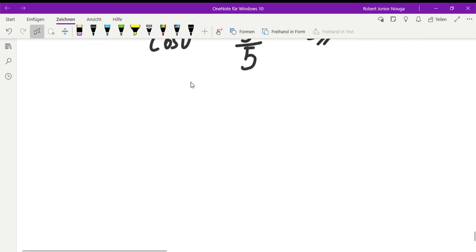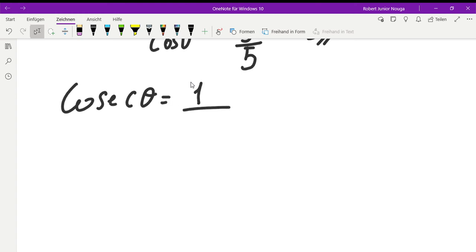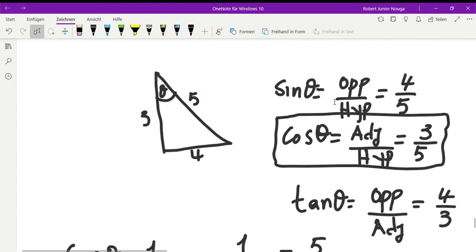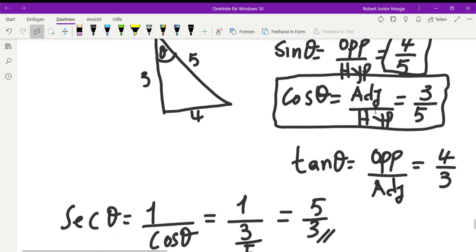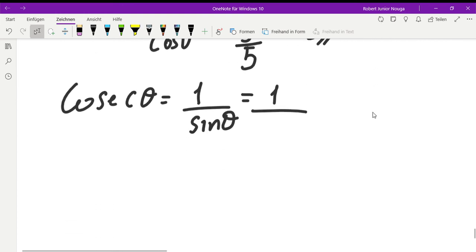Let us say the cosec function. The cosec function is equal to 1 all over the sine function. We will have 1 divided by our sine function. The sine function here was 4 divided by 5, and this will be equal to 5 divided by 4.